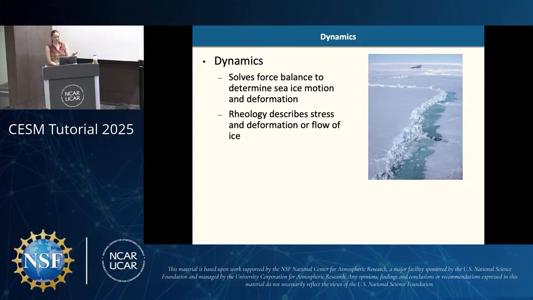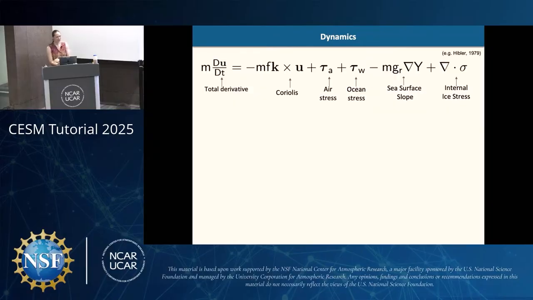And then we have a rheology, which is basically a way to describe how stress, deformation, or the flow of the ice behaves. So here's the equation for looking at the dynamic part of the sea ice model. The equation's from 1979, so it's been around a long time.